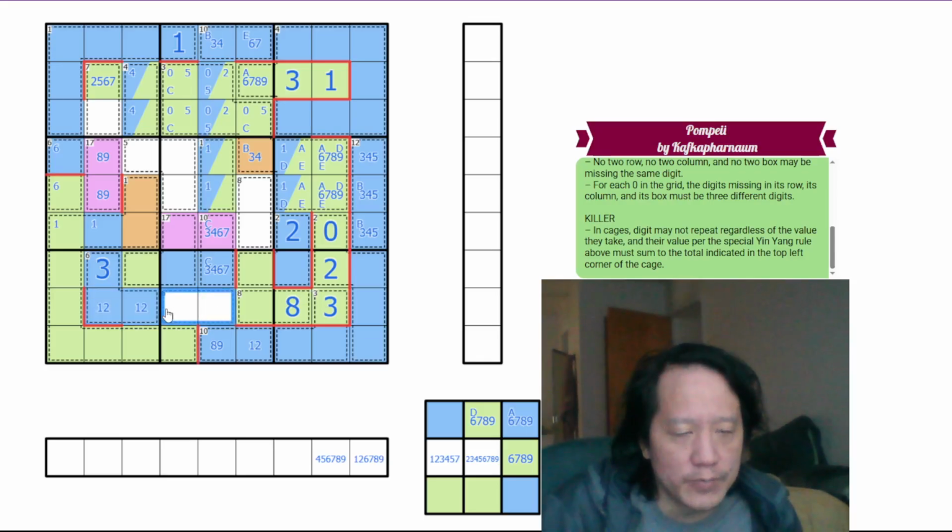Which means this could not be 1-5 or 2-4. This is blue and blue, so we have blue and red. Well, this is blue, blue here, which means the blue has to be here, which means this is green. So this would have to be green, green. So green counts here. That means this would be blue. And we have a contradiction here.